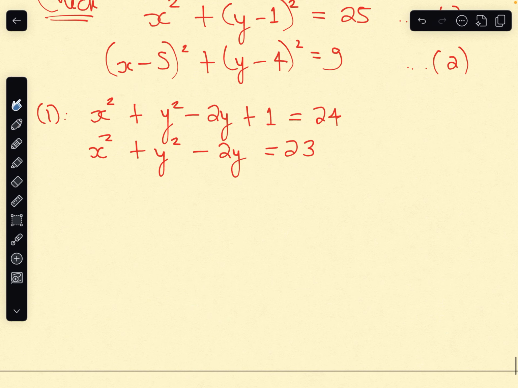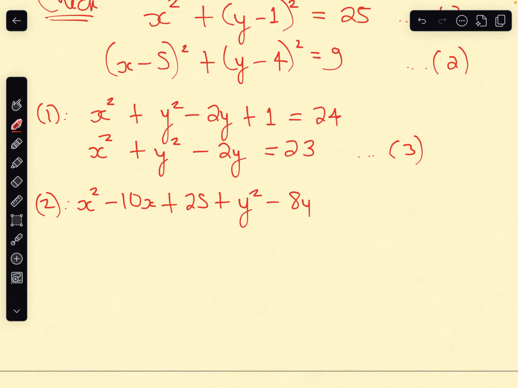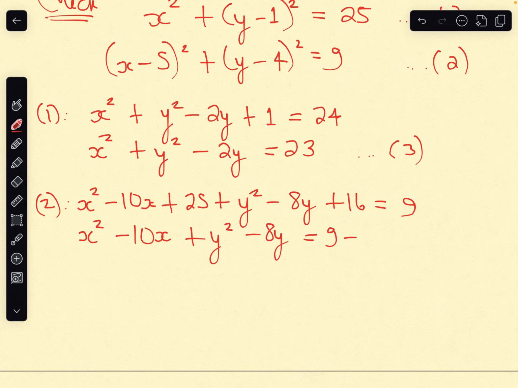So let's call that equation 3. And then from equation number 2, we would have x squared minus 10x plus 25 plus y squared minus 8y plus 16 is equal to 9. And then again, I'm going to move all my constants to one side just because OCD. So that would be 9 minus 25 minus 16, which just ends up being 9 minus 41, negative 32.